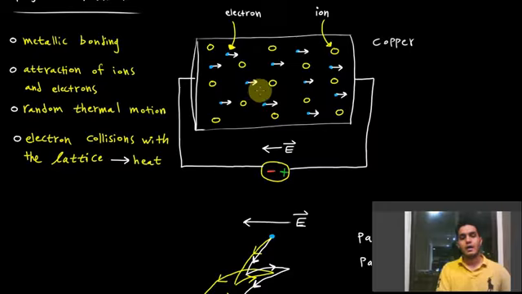Now, if you had a light bulb, for example, you would have not only that heat lost to the lattice, but you would also have electrons exciting other electrons into higher energy levels, and then when the excited electrons go to those higher energy levels, they're going to be unstable, and they want to emit that energy as photons and jump back down to the lower energy level.